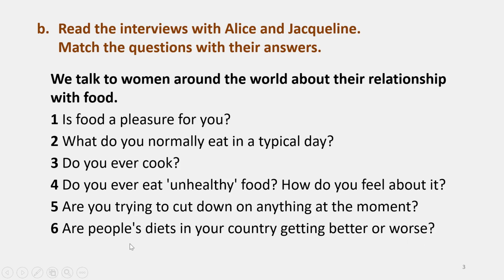In my opinion, the diet of the people in Vietnam, because I'm living in Vietnam, is getting worse. Some people are so busy with their work that they cannot have proper meals in the morning or afternoon, so usually they just have a proper meal in the evening. But some couples, even in the evening, do not cook at home; they go to restaurants to eat.